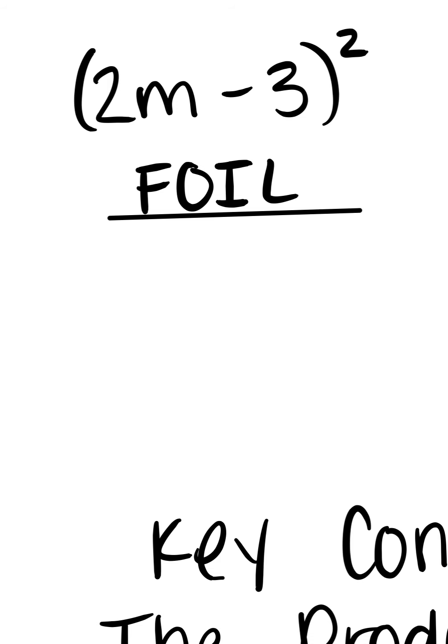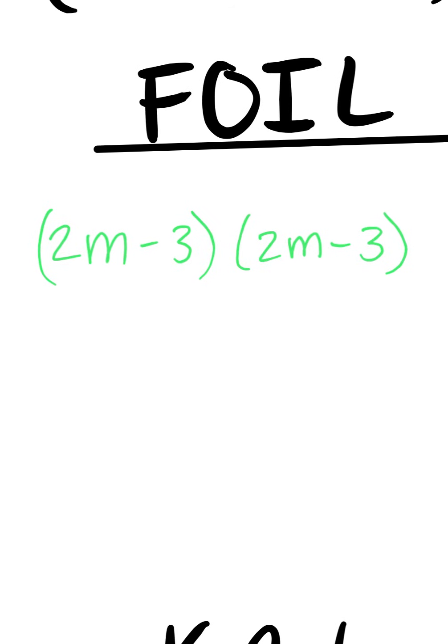Let's FOIL it. 2m minus 3 times 2m minus 3. FOIL it: 2m and 2m, 2m and negative 3, negative 3 and 2m, negative 3 and negative 3. First, outside, inner, last. 2m times 2m.